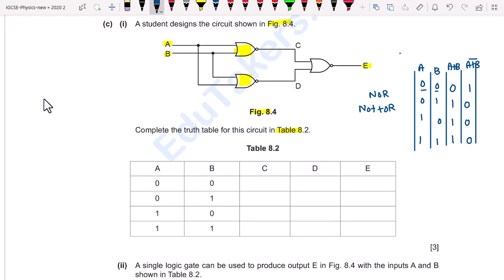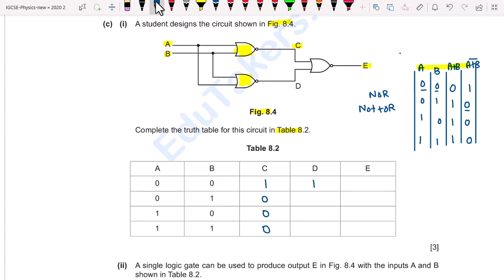So when I have to fill this table, C is the output of a NOR gate, and according to this table I can fill the truth table. When there is 0, 0, both inputs are low, then the output will be 1. For 0, 1, the output will be 0. Also for 1, 0, the output is 0, and for 1, 1 input, the output is 0.